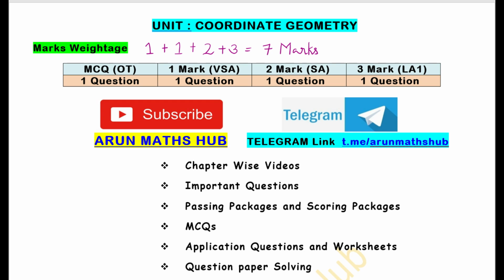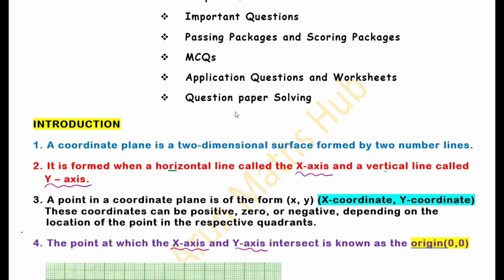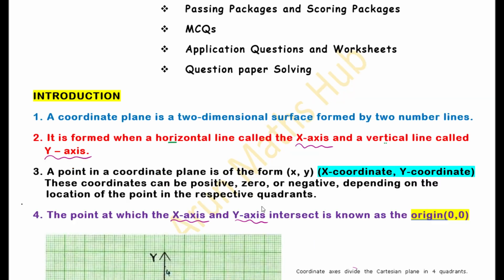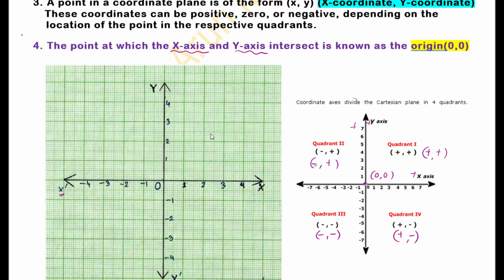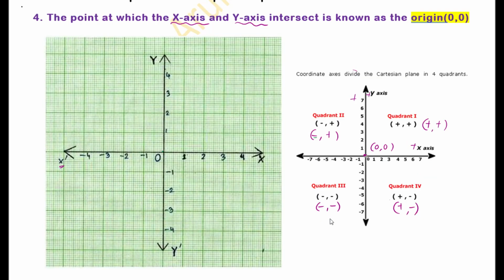In the last video we have learnt the introduction to the unit coordinate geometry, and we have seen the marks weightage for the unit. Also we have learnt that the intersection of the x-axis and y-axis is called the origin. A point in a coordinate plane is of the form x comma y, and the x-axis and y-axis divide the plane into four quadrants, that is quadrant 1, quadrant 2, quadrant 3 and quadrant 4.